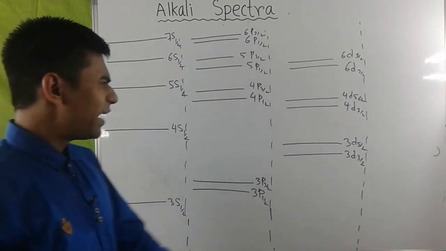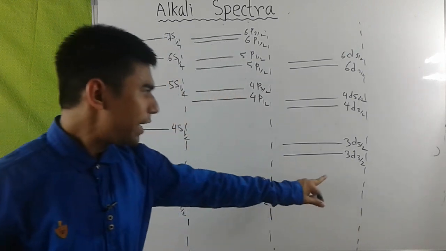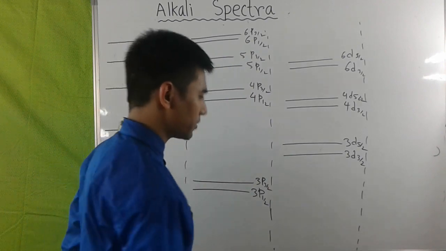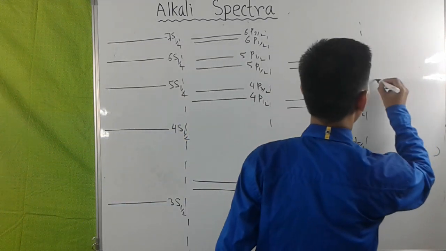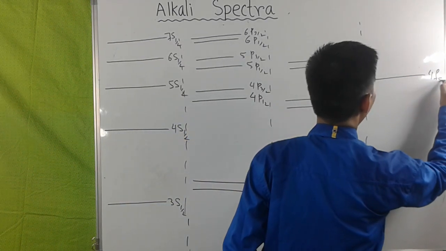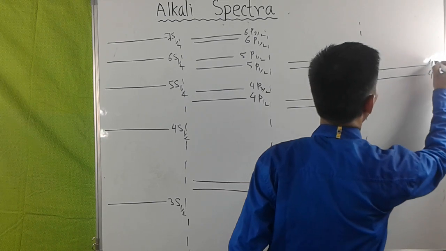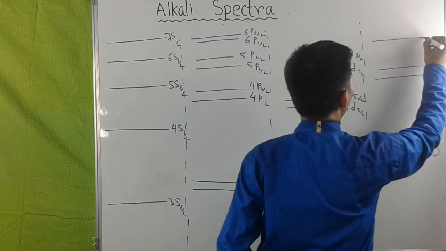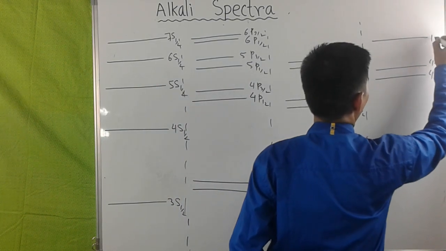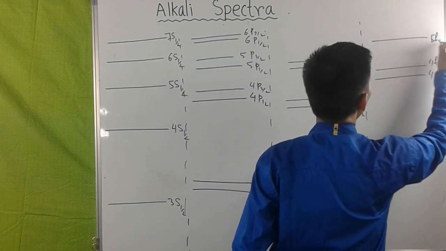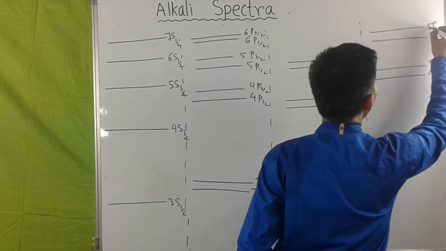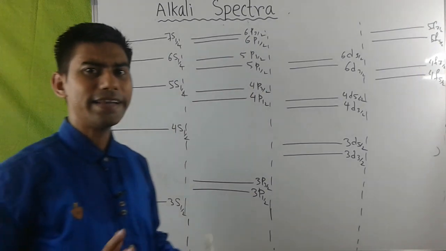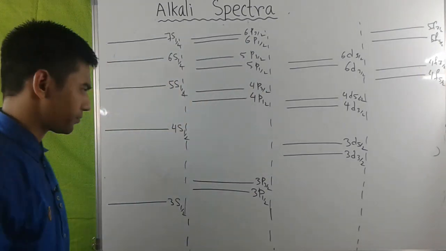Now similarly the 4F and 5F levels are also divided into two sublevels. Suppose this is the 4F 5/2 level and this is the 4F 7/2 level, and suppose this is the 5F 5/2 level and this is the 5F 7/2 level. Okay, so these are the various split energy levels in a sodium atom.